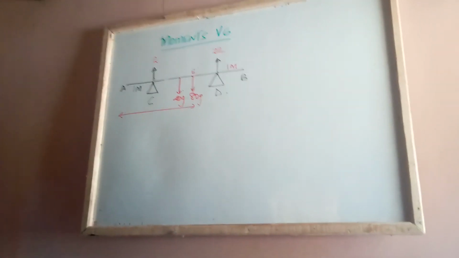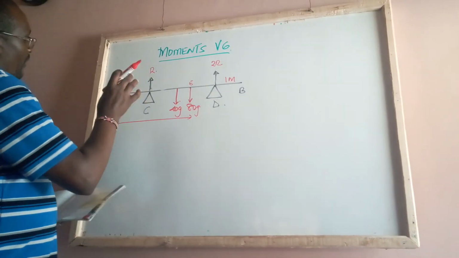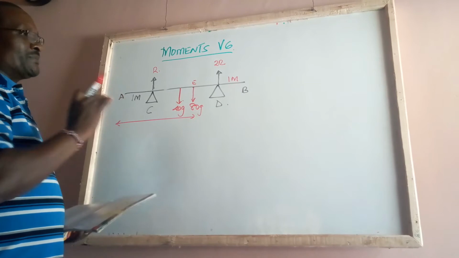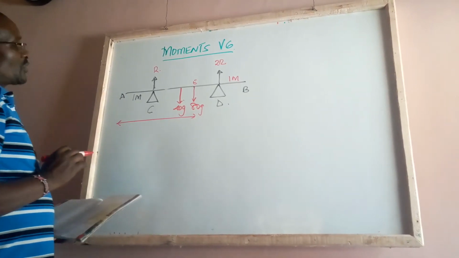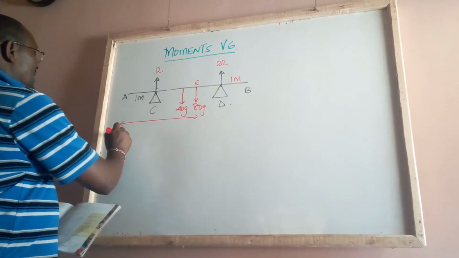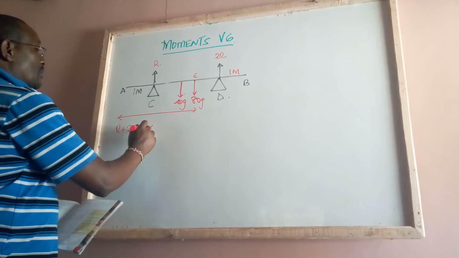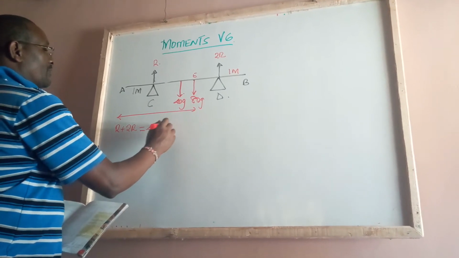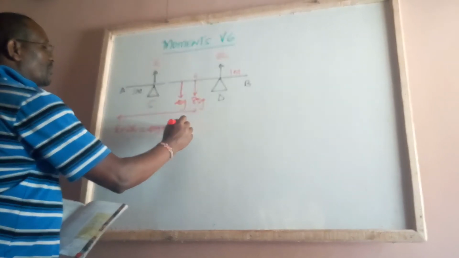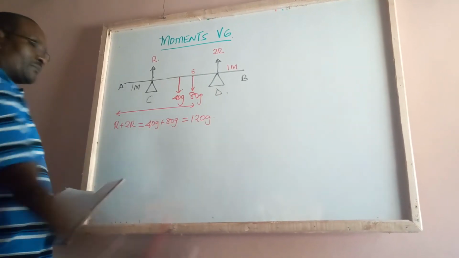And you realize that the upward force will always be equal to the total downward force. So we start by saying R plus 2R is equal to 40G plus 80G, which is basically 120G.